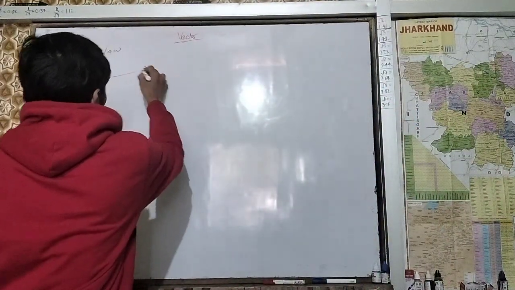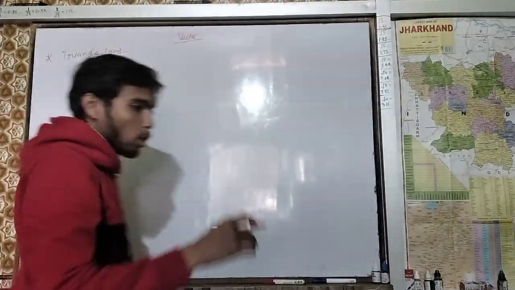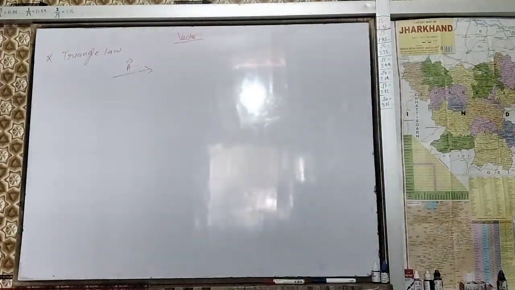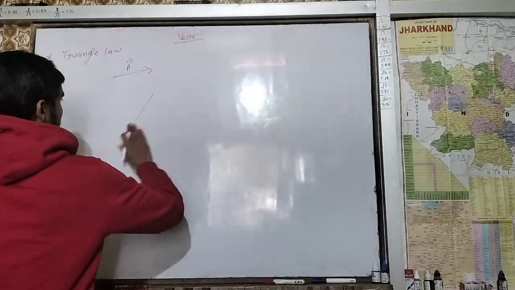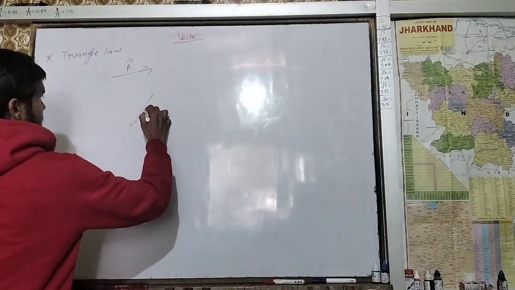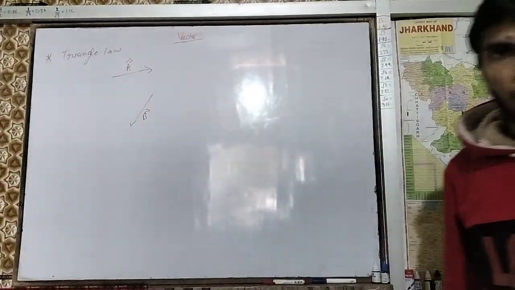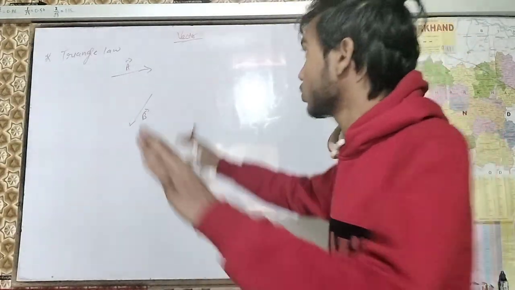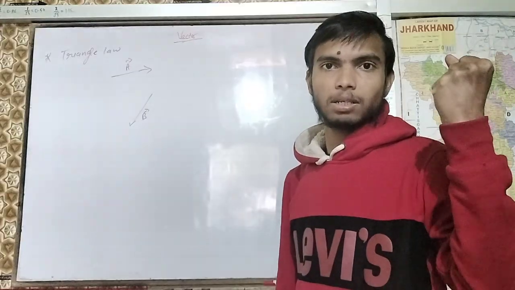This vector A and vector B are both not connected. And then we have this vector B. The question is asking: find the resulting vector by using the triangle law, where these two vectors are given by the question.